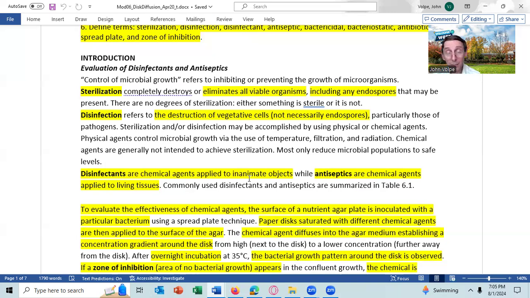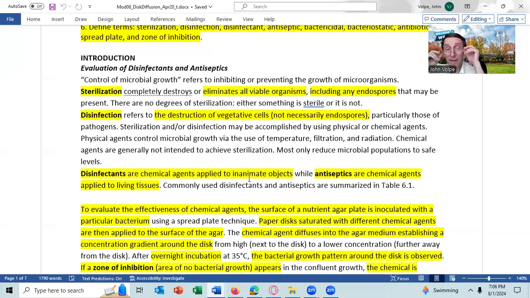And a chemical which is used on an inanimate object is called a disinfectant. If that same chemical is used on living tissue, we don't call it a disinfectant, we call it an antiseptic. Usually, antiseptics are less harsh chemicals that are less irritating to the skin than a disinfectant.